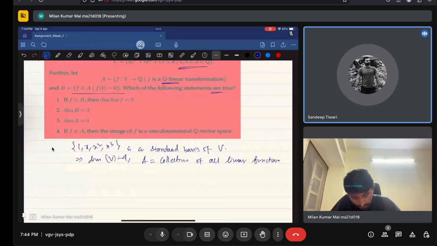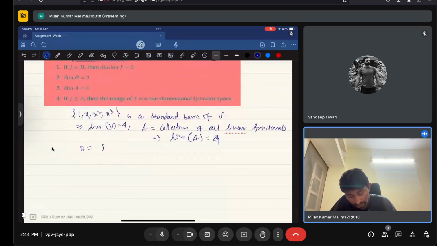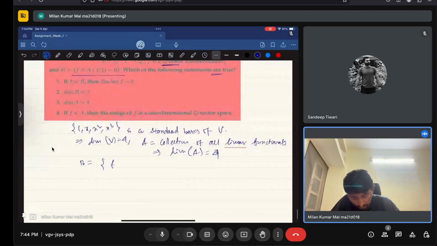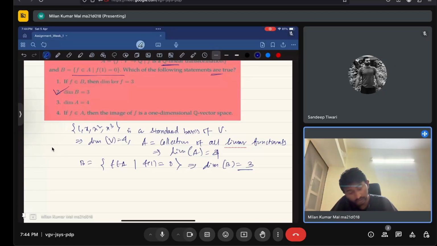And then the dimension of B will be 3. That implies the dimension of A is equal to 4, and B is given as all those f belonging to A such that f of 1 equals 0. That implies the dimension of B is equal to 3. So the dimension of B is equal to 3, that's true.